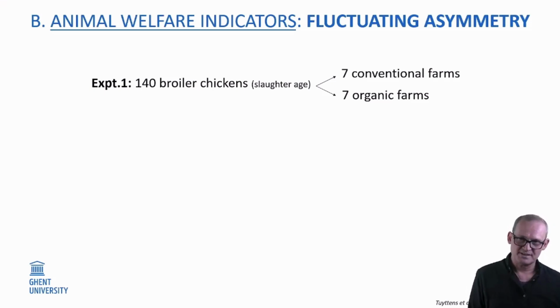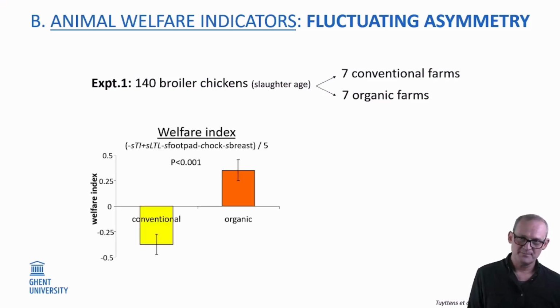So we measured the difference of various morphological characteristics on the right-hand side and the left-hand side of the body, and only focusing on those characteristics that were meant to be genetically symmetrical. But first we wanted to check whether it's truly the case that the welfare of the chickens from the organic farms was better than from those from the conventional farms.